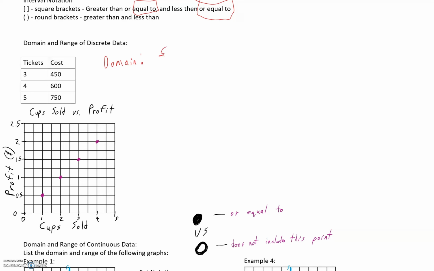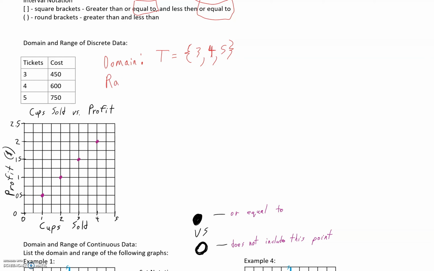Then we write this squiggle bracket to start, T for tickets, such that, oh, actually, no, better yet, because this is discrete, we just go like this. T is contained within just these numbers, 3, 4, and 5. Because those are the only values given to us in the situation. So that's kind of where we stop.